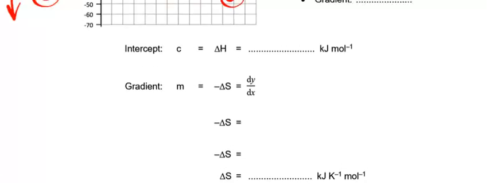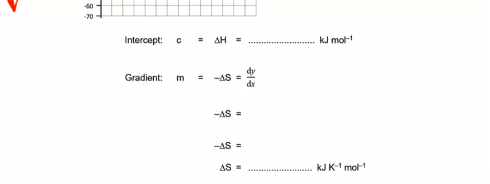Now the question is asking us to work out delta S for this reaction, and that means that we need to get the gradient. So what I did with this graph is basically take that whole triangle that you can see there, which goes from plus 50 down to minus 40 in terms of delta G values.